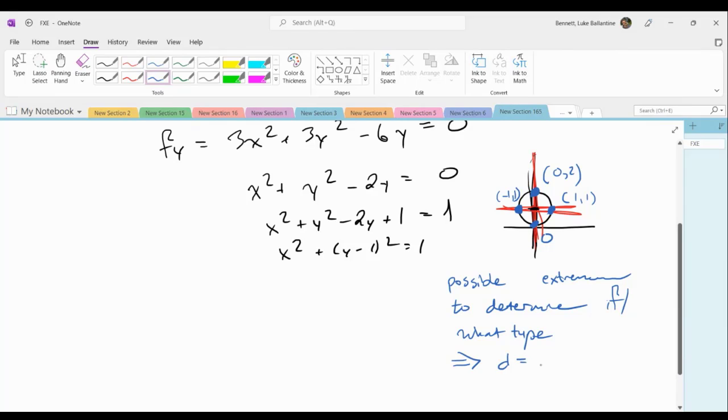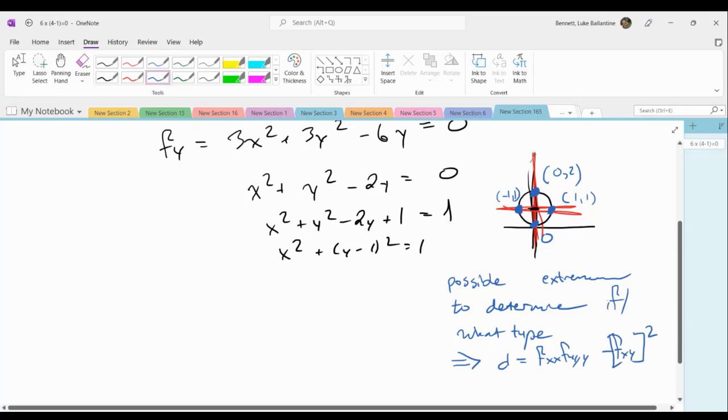You need D equals f_xx f_yy minus f_xy squared to classify critical points. Okay.